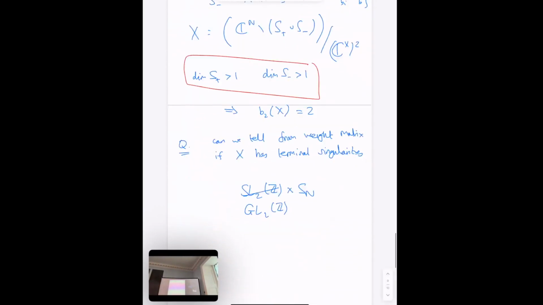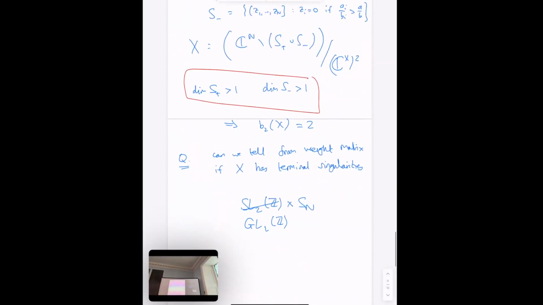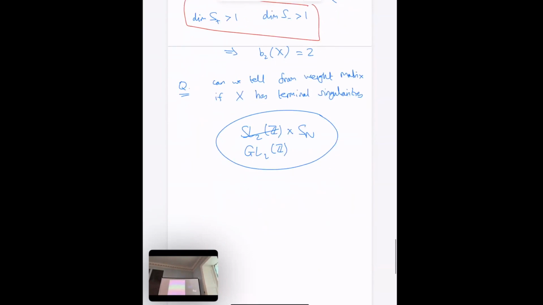Okay, so what are we going to do? We're going to take weight matrices in normal form with respect to this action. Sorry, let me just tell you what the normal form is.